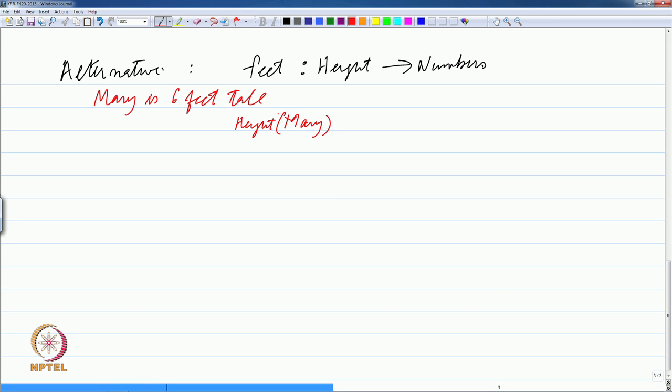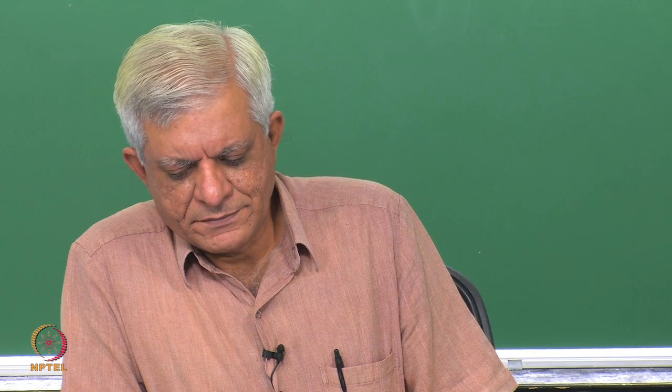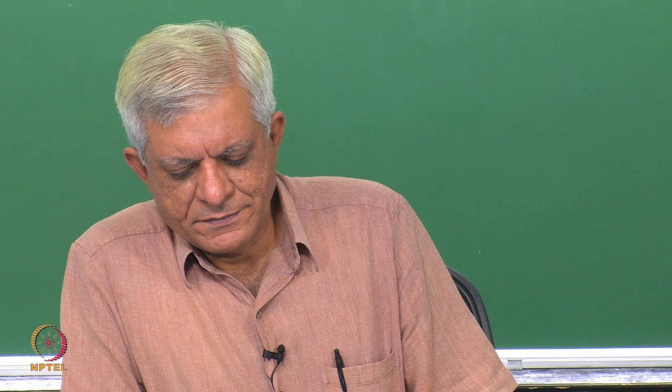So, we get an object of type height, but now we have a function called feet which we apply to this object of type height, and what this gives us is a number, and that number is 6. So, this is an alternate way of looking at it.